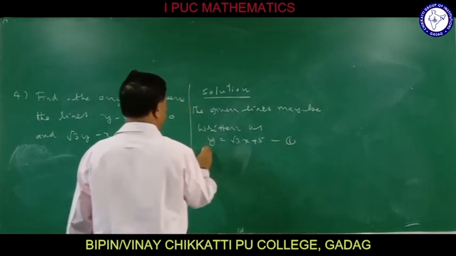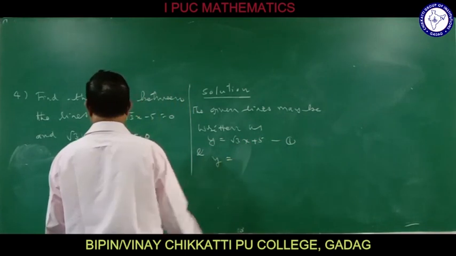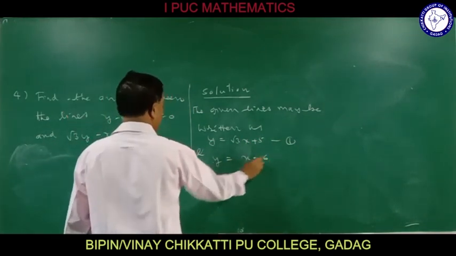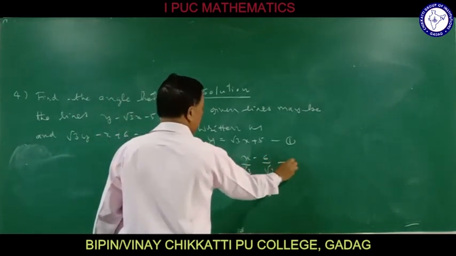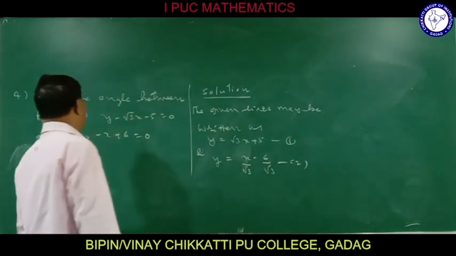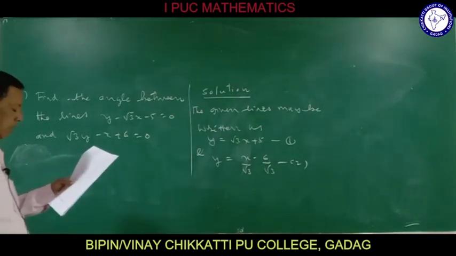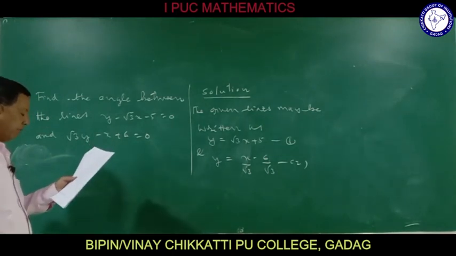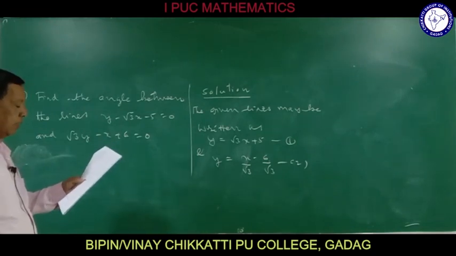And you have to see this, y is equal to x minus 6, but here divided by root 3. And try to understand how you write y equal to mx plus c, and accordingly we can see the results here.